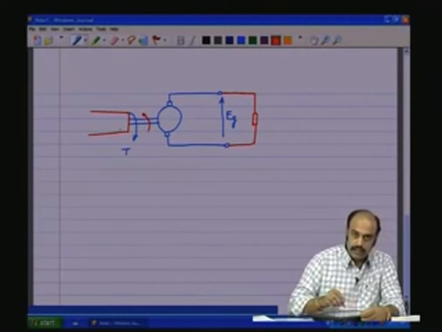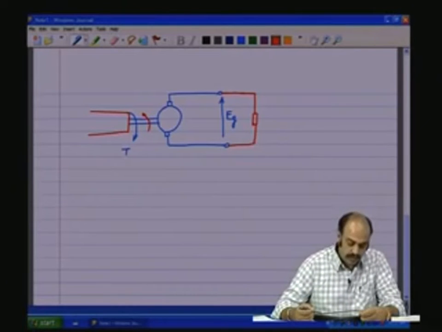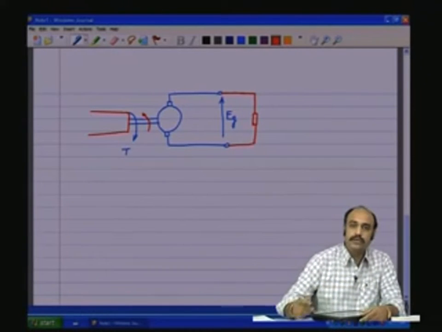So, this is how in any energy conversion process, there should always be a loading effect which should percolate back.